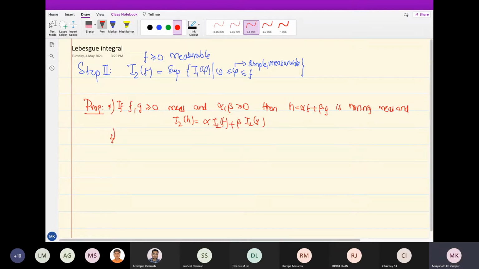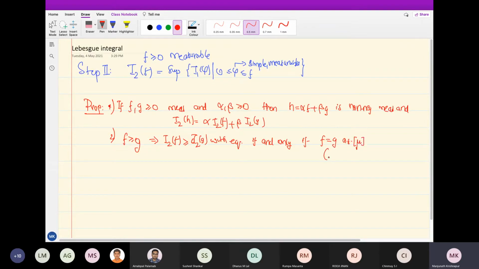2. If f is greater than or equal to 0, it implies I2 of f is greater than or equal to 0 with equality if and only if, sorry, I want to write it the other way, the monotonicity: f greater than or equal to g, then I2 of f is greater than or equal to I2 of g, with equality if and only if f equals g almost surely with respect to mu.